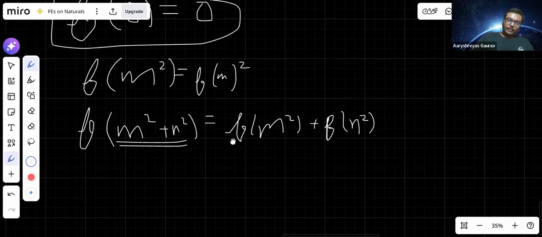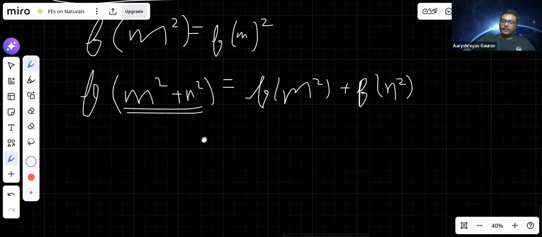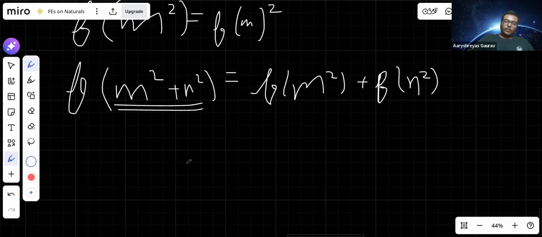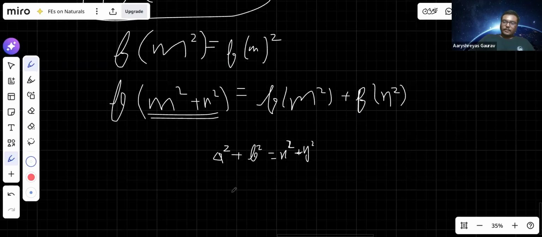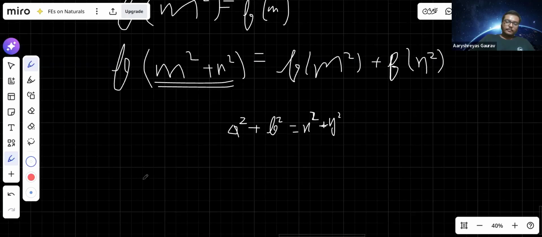Well, the way you can induct is if we find some a squared plus b squared equal to x squared plus y squared, then if we know what f of a, f of b, and f of y are, then we can always tell what f of x is, after putting these in f.